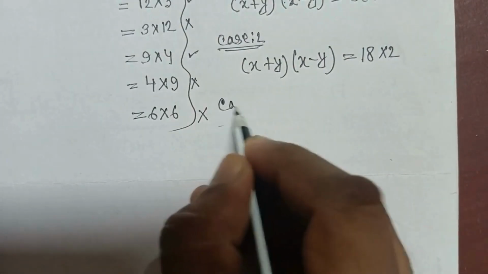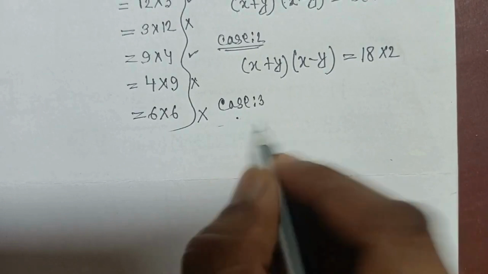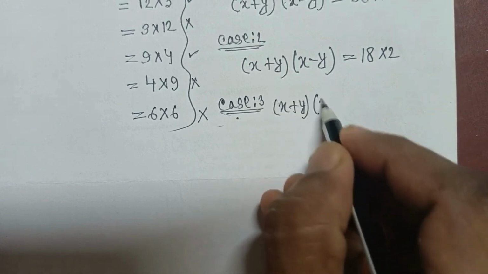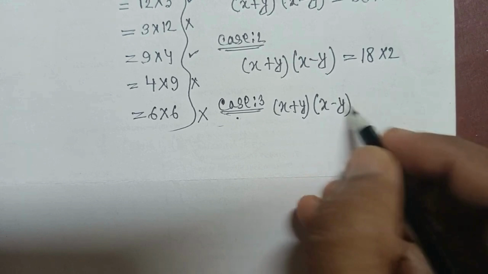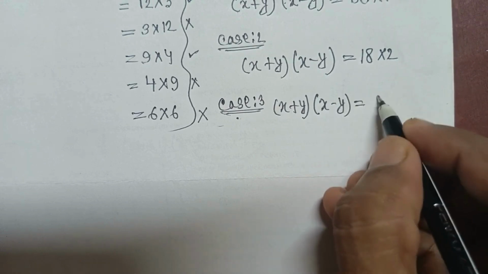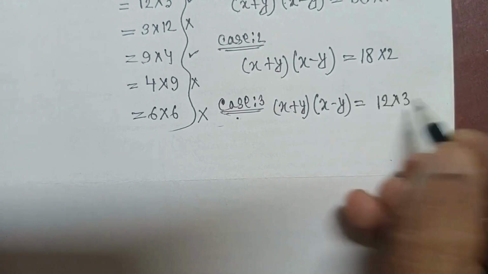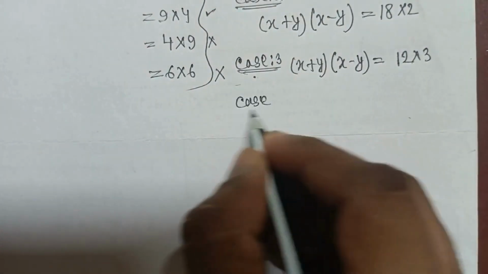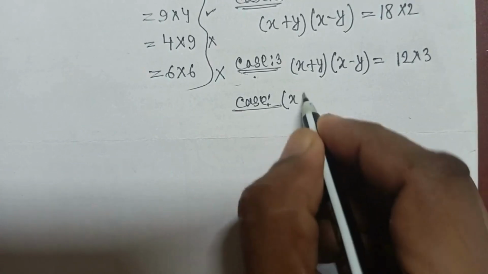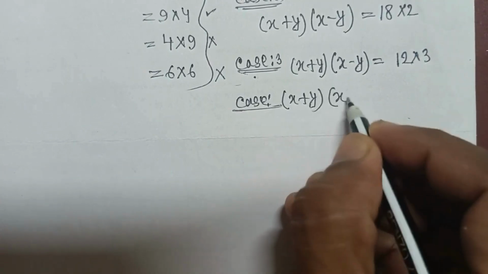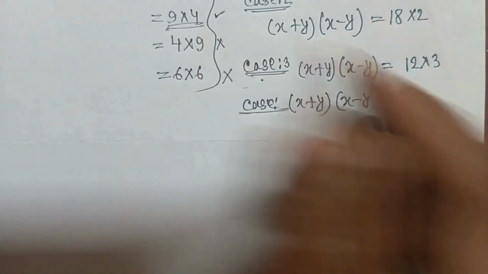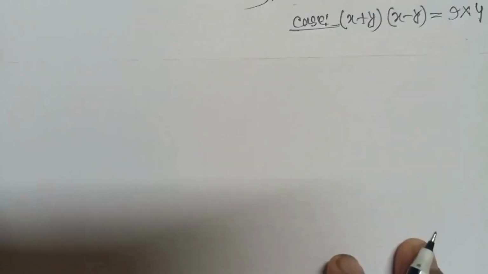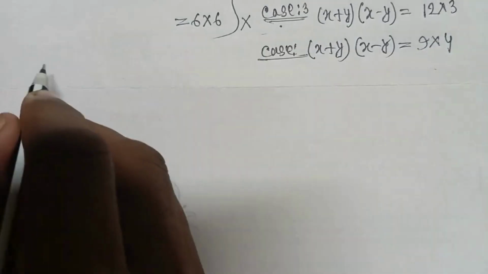For case 3, you can write (x plus y) into (x minus y) equals 12 cross 3, that is 12 into 3. And for case 4, (x plus y) into (x minus y), we have to take 9 into 4.